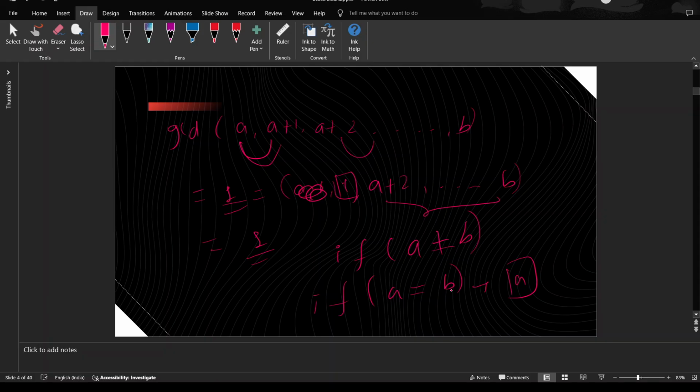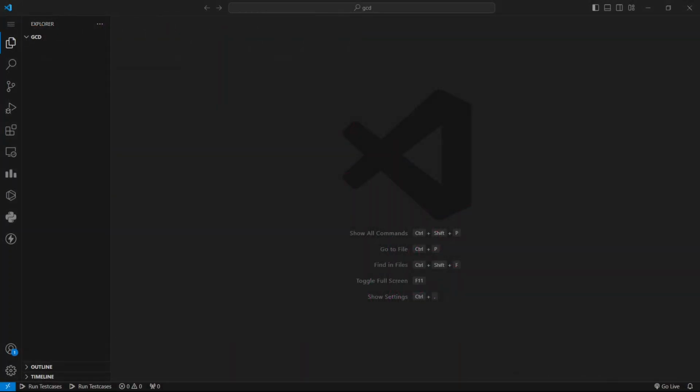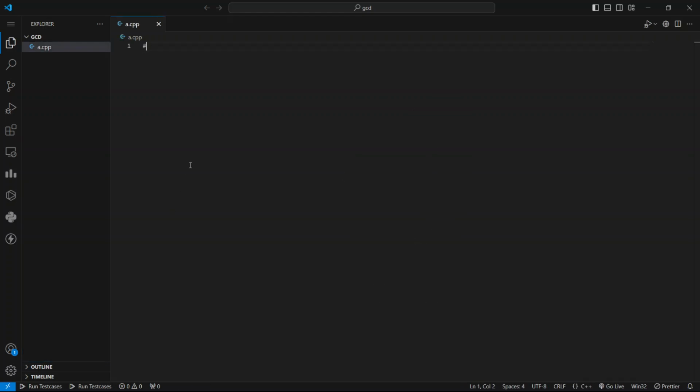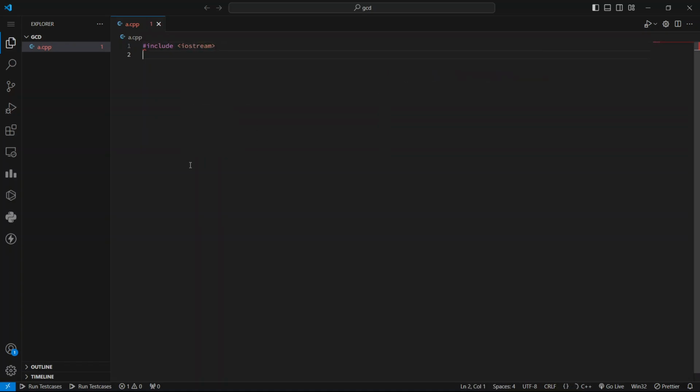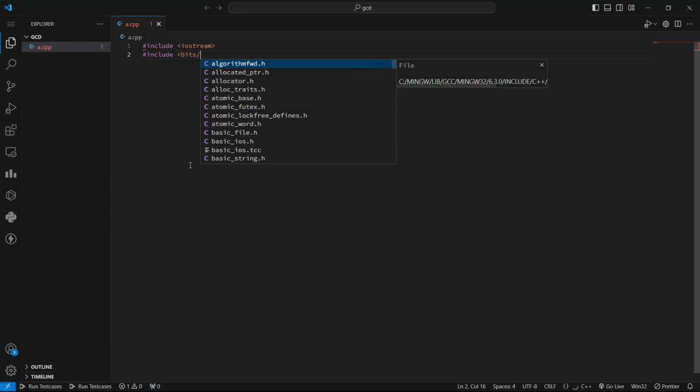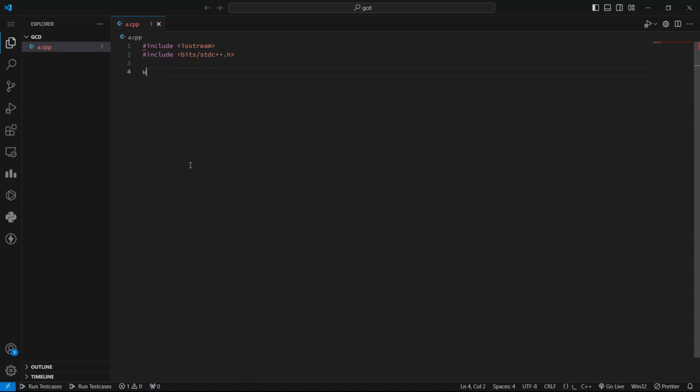Okay, so this was the problem, now we just need to implement it. Let me open my VS Code and implement it. Let's give the name a.cpp. Hashtag include iostream, then hashtag include bits slash stdc++.h, using namespace std, and int main.